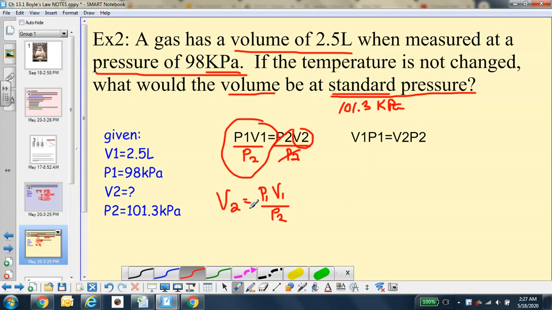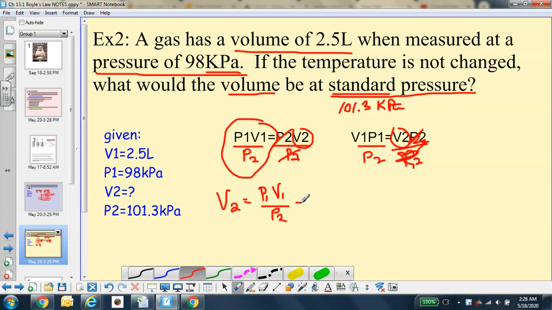And we would get the exact same rearranged formula even if we swap the V1 and the P1 and the V2 and the P2. Because we would still want to get V2 by itself, so we would divide both sides by P2. And P2 would go away. And see, we've got V1 and P1 on top, and P2 on the bottom.